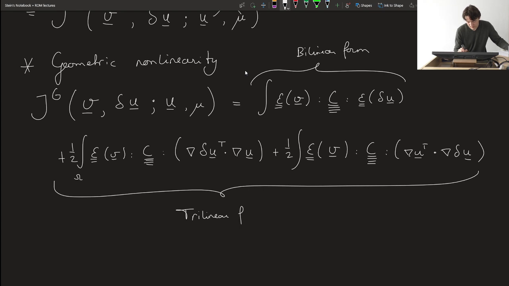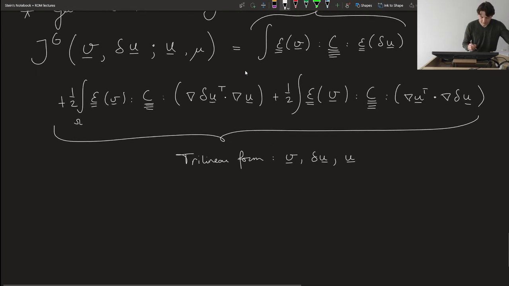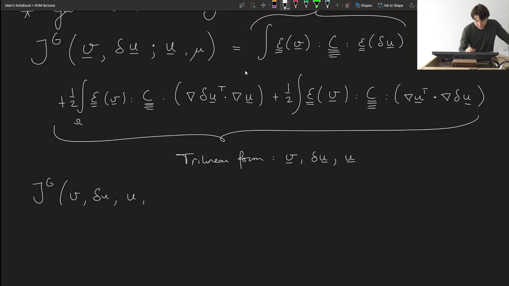And so I can actually write, a trilinear, linear in our test function v, our increment del u, and our solution u. This means that I can actually write g as the sum, so g of v, del u evaluated at u and our parameter mu.